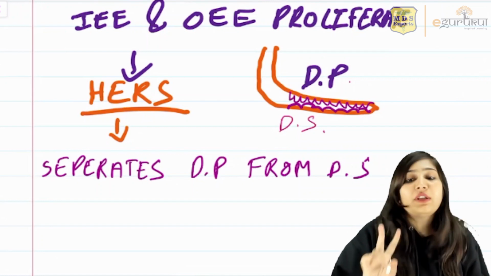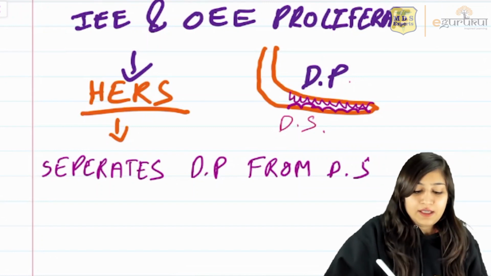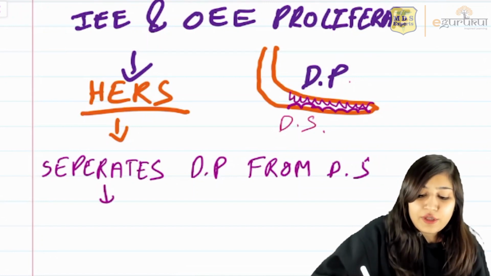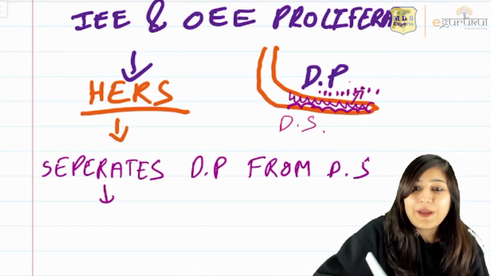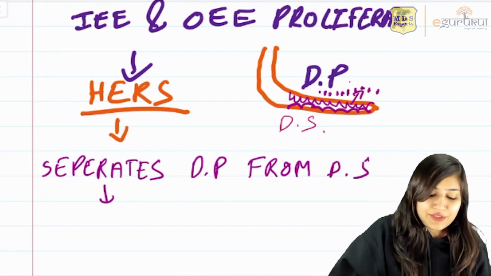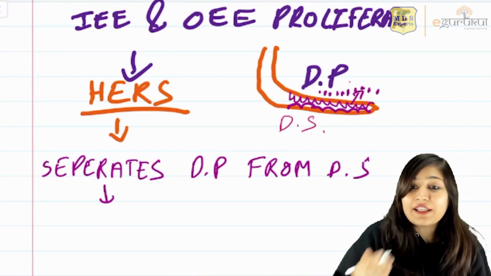Only two layers will be present in HERS. So under the influence of again inner enamel epithelium, dental papilla cells will differentiate into odontoblasts.